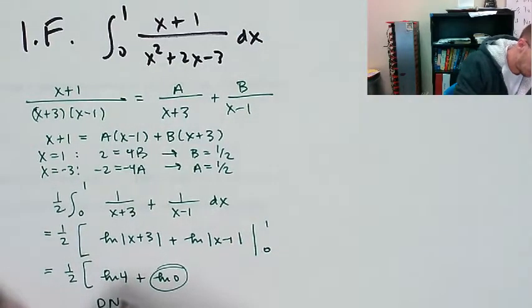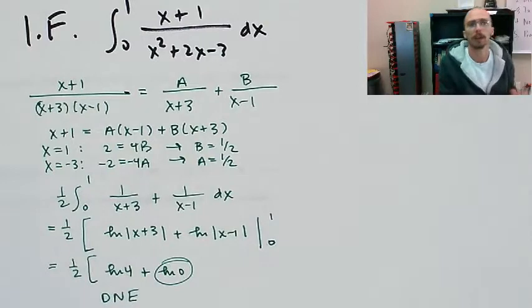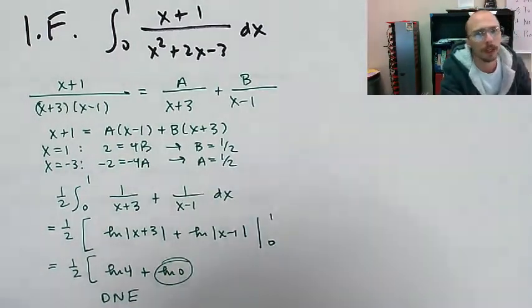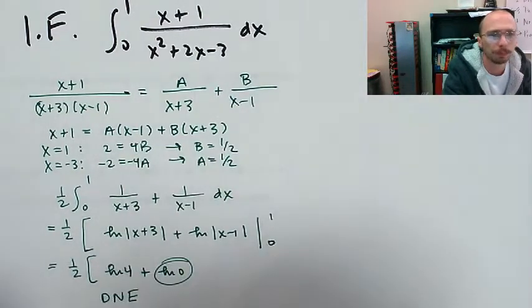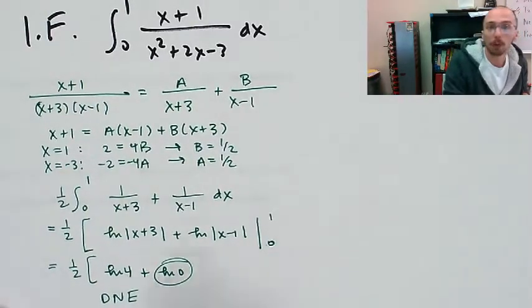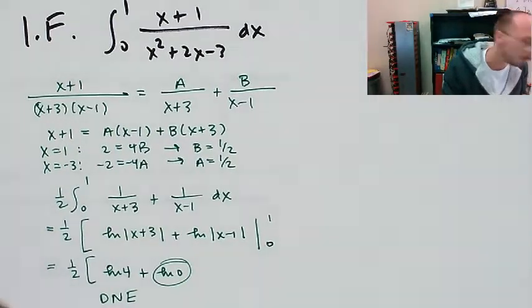So I say this integral fails to exist. Or just leave it at that, right? Because it's asking you to take the log of 0. That's not possible. The bounds of integration are messed up on this one. It would need to be, say, I don't know, 2 to 3. I think that would be a better bound of integration for this one. But that's as far as we can go. You just have to say it doesn't exist, because it depends on the log of 0, and we know that's negative infinity or something like that.